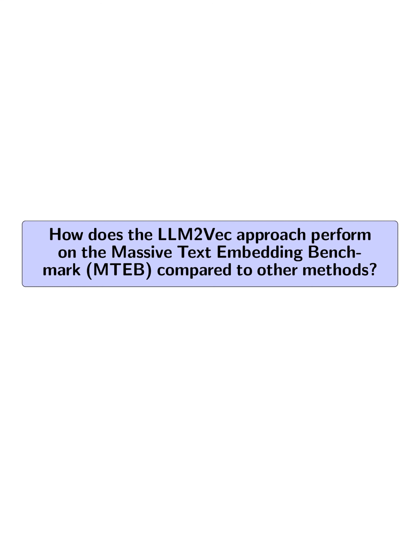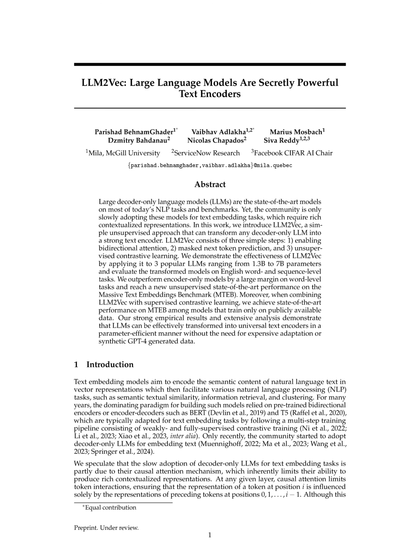How does the LLM2Vec approach perform on the Massive Text Embedding Benchmark, MTEB, compared to other methods? The LLM2Vec approach performs exceptionally well on the Massive Text Embedding Benchmark, MTEB, compared to other methods.